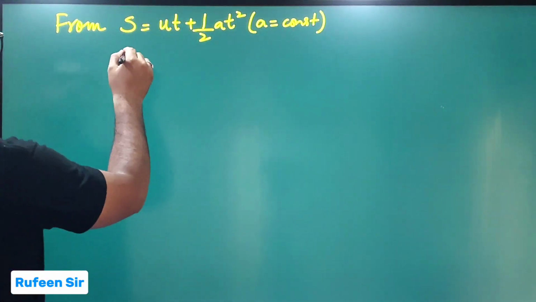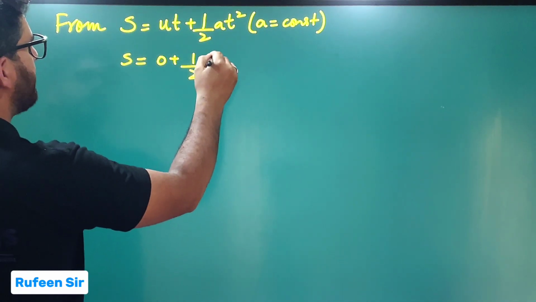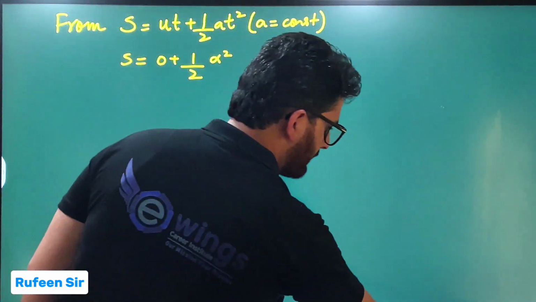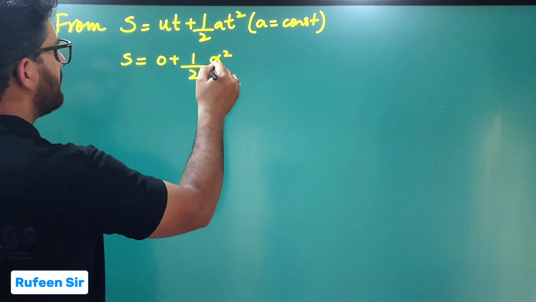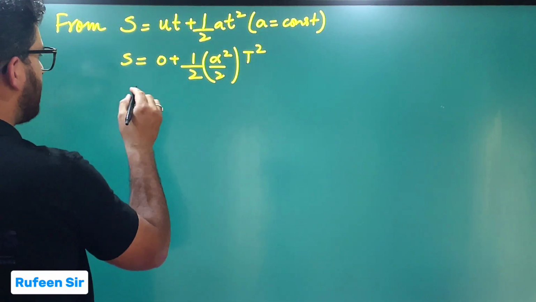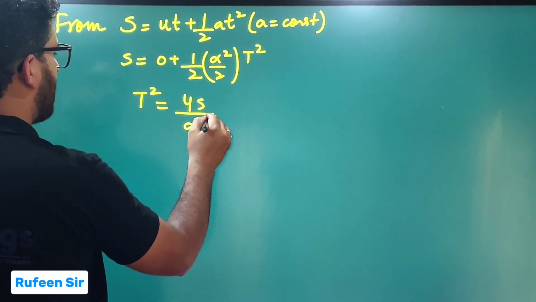So come on, s is equal to 0 plus half of acceleration, which means alpha square by 2, t square. So t square will be equal to 4s divided by alpha square.